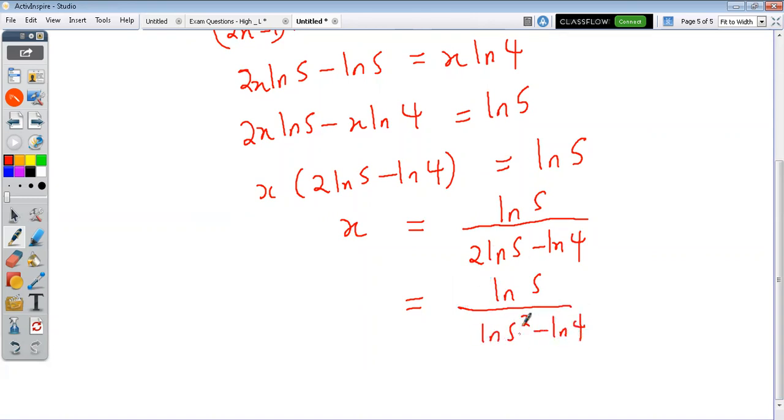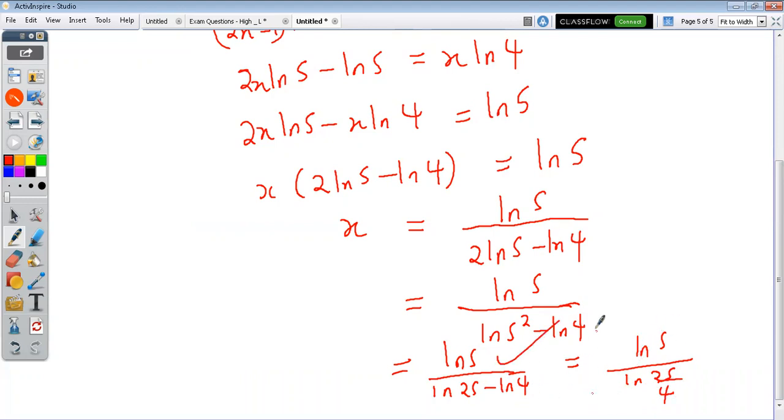Ln 5 squared is 25. So that is ln 5 divided by ln 25 minus ln 4. We divide here: ln 25 over 4. If I'm dividing, I subtract, or I can even leave it like that.